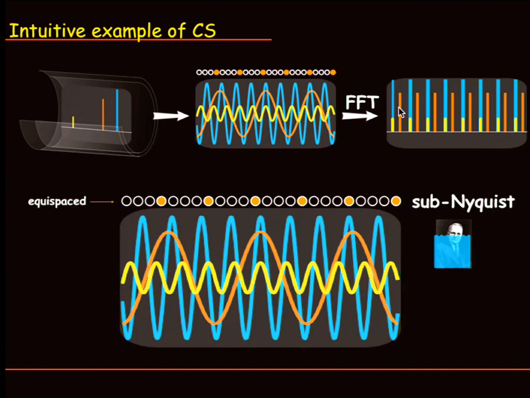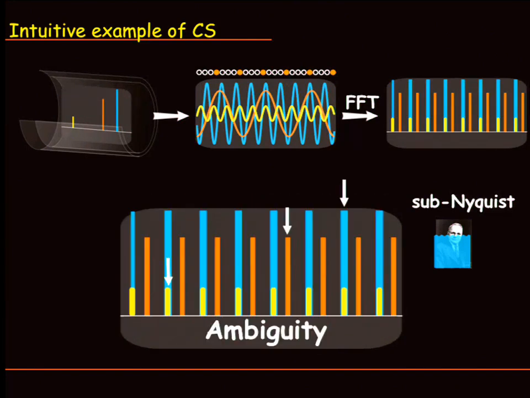But here's the problem: even though you have sparse signals, they might not overlap on top of each other. They might, but they might not. But still, even if they don't overlap, there's still ambiguity, because if I look at my signal, it could have come from numerous places.